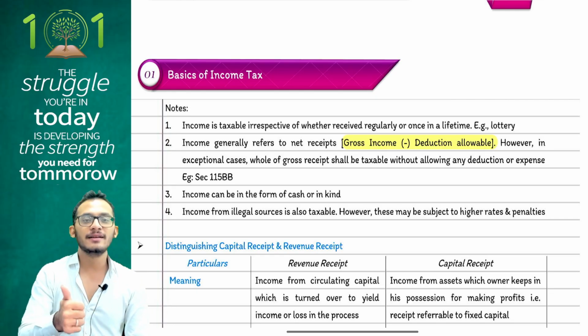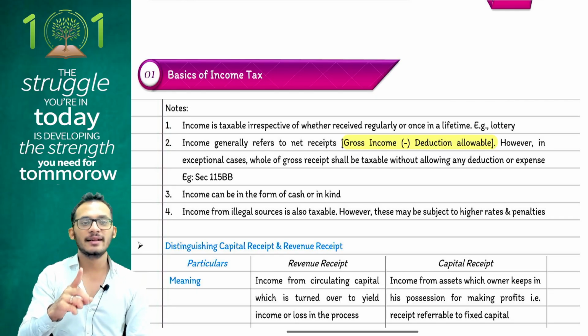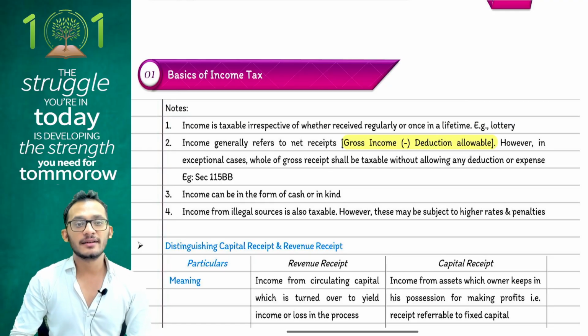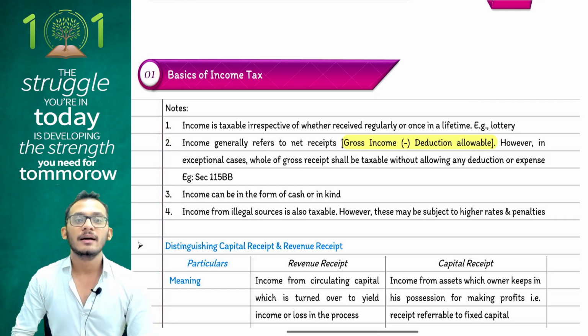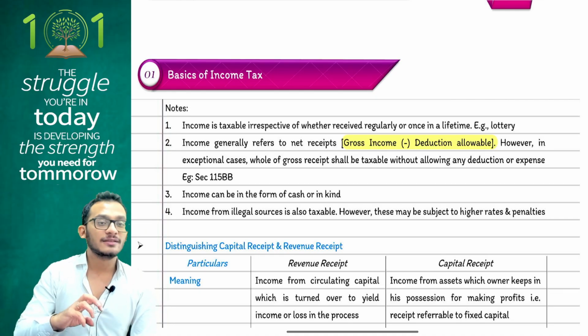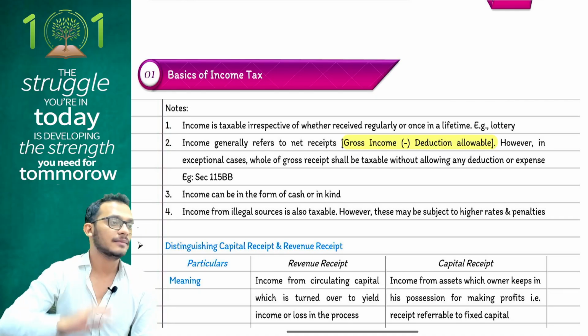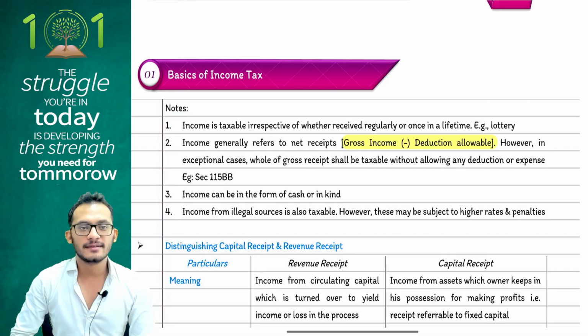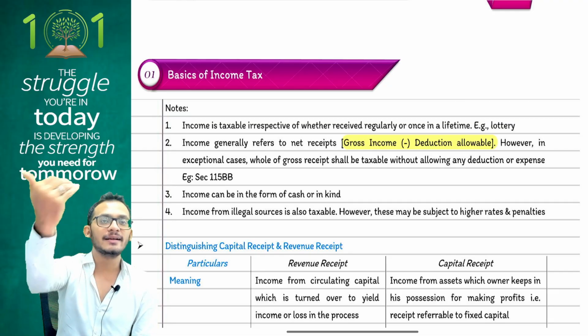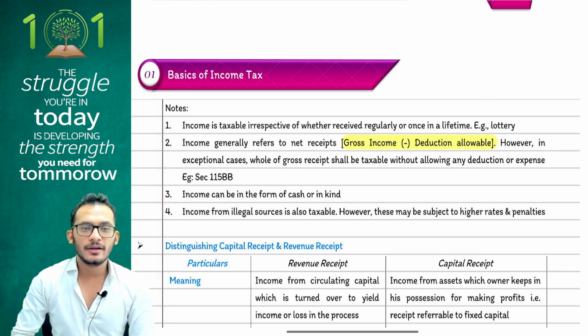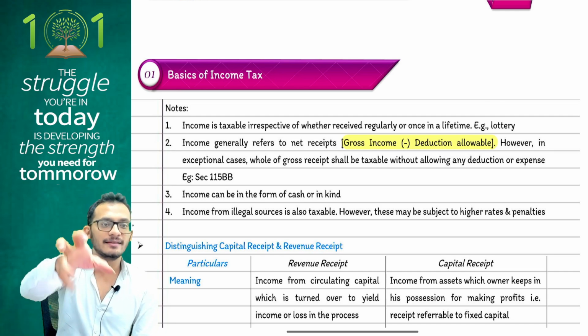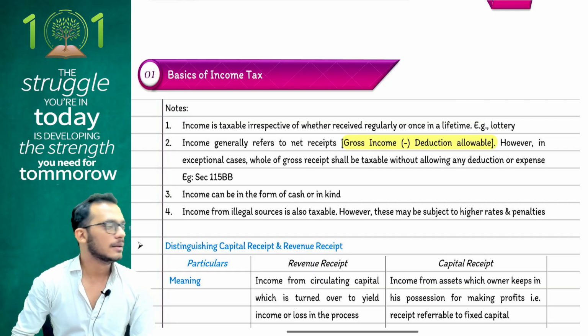Then we discussed revenue receipt and capital receipt. We understood that revenue receipts are those which happen regularly. Capital receipts are receipts which happen once in a while. When you are generating income from an asset, that is called capital receipt. When you are using the asset to generate revenue, that is called revenue receipt. If you are in the business of trading, that activity is a revenue receipt.